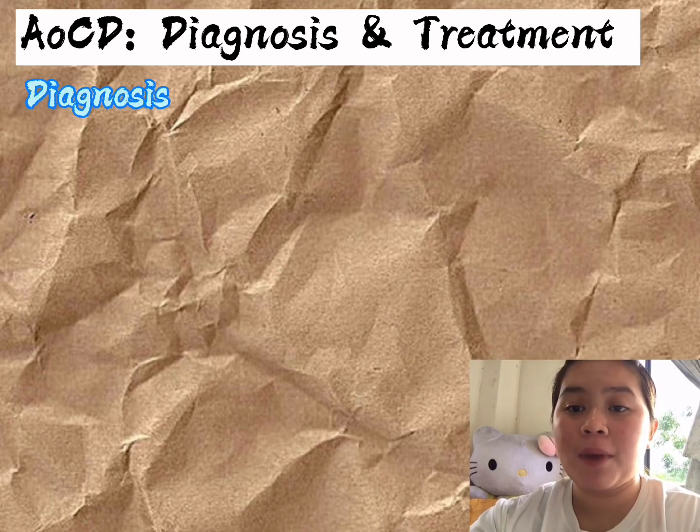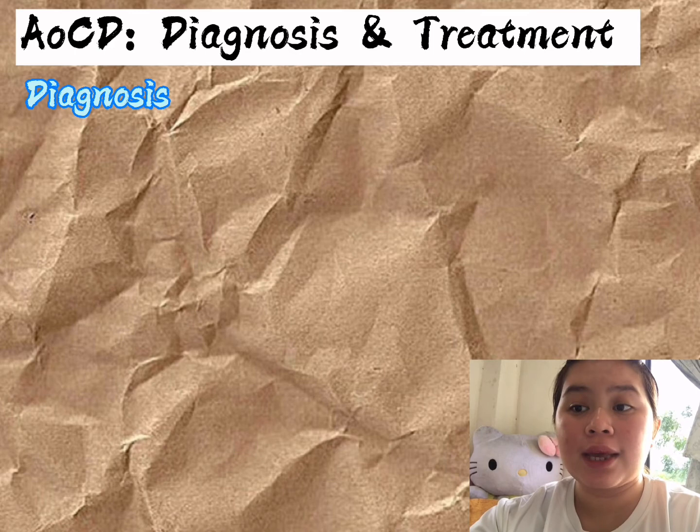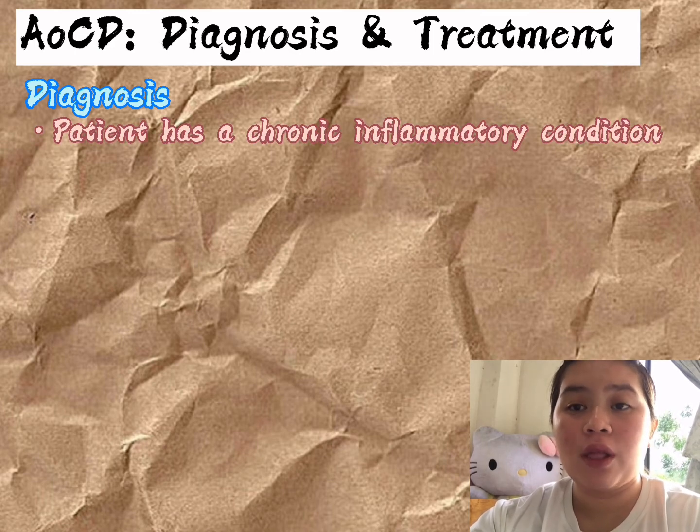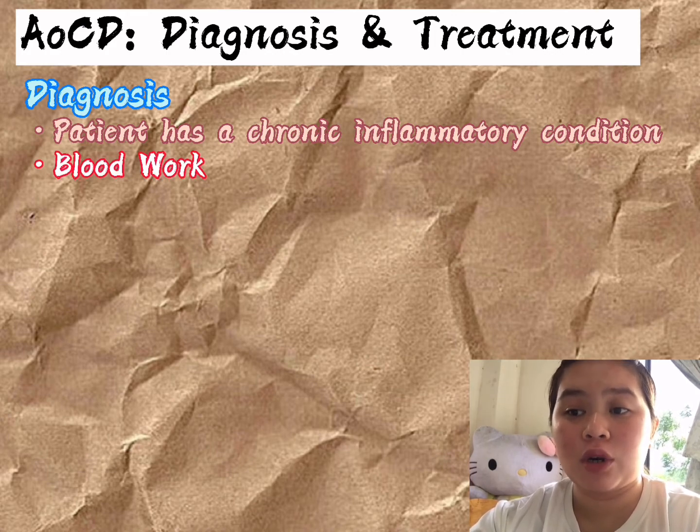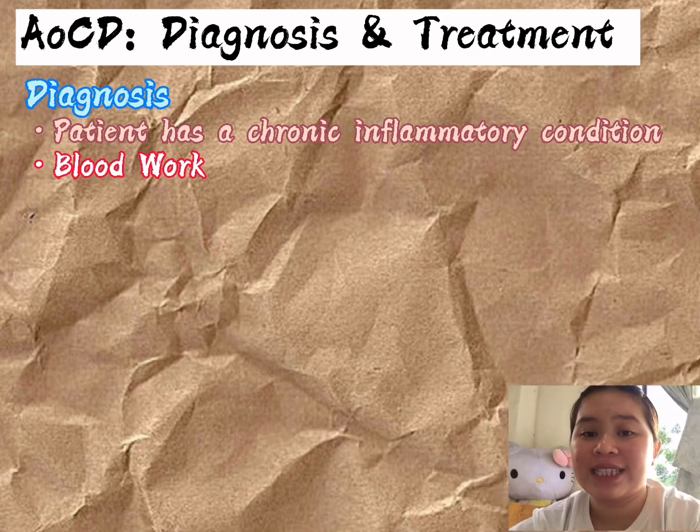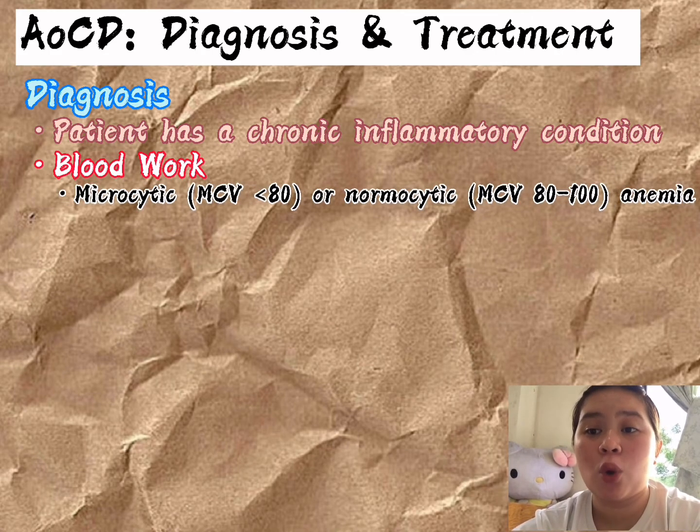Now, let's talk about how anemia of chronic disease is diagnosed and treated. Clinicians diagnose it first by looking at the patient. The patient will have a chronic inflammatory condition like those we talked about before, and then blood work will be performed, a complete blood count or CBC. The clinician will look at the MCV, or mean corpuscular volume, which is the average size of red blood cells.